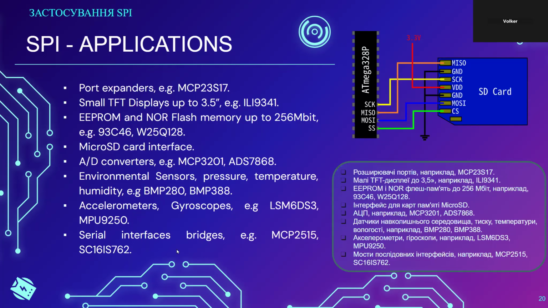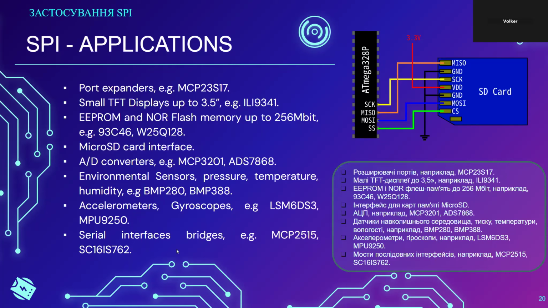Same with accelerometers and gyroscopes. Usually they have both an SPI and an I2C interface. The next item is more interesting, serial interface bridges. I mentioned that the SPI interface is fast. It is so fast that chips exist that use one serial interface, which is SPI, to implement a second serial interface.